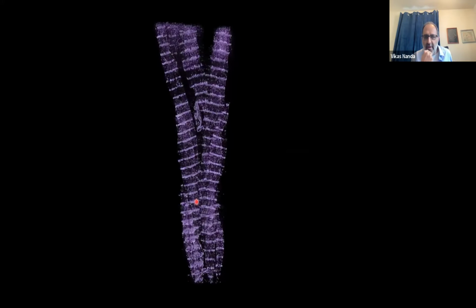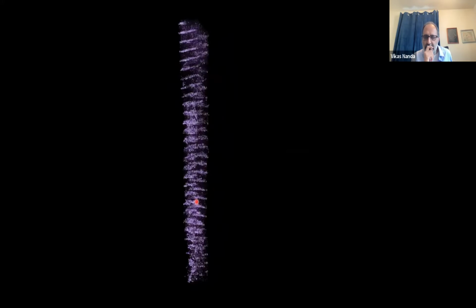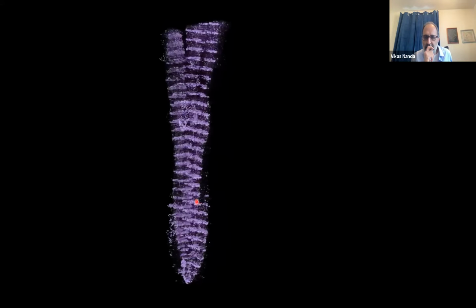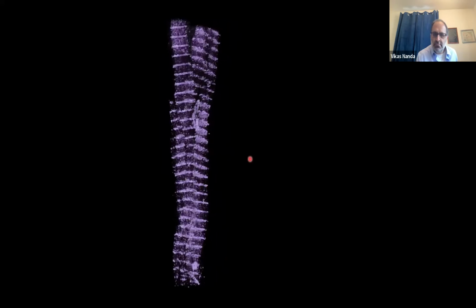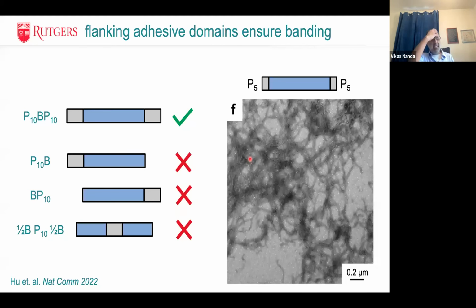And then from this sectioning, we're now able to make a volume rendered model of these fibers. So it was exciting to be able to see them that way and actually appreciate that these are not just two-dimensional fibers that are assembling on the surface of the microscope grid, but these are three-dimensional banded structures.